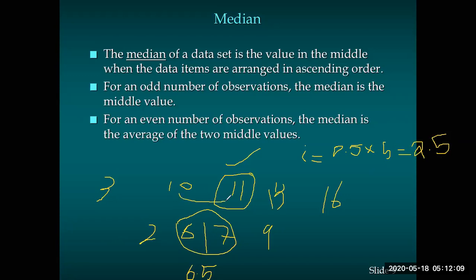But that is not the median actually. Is it? No, it is not. So the rule is, whenever you get a number with a decimal, round off the number. So if I round this off, what will be the number?